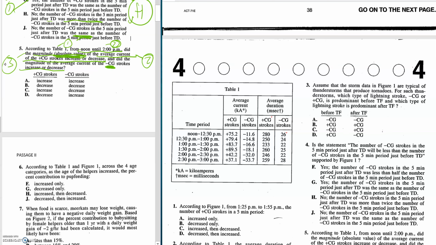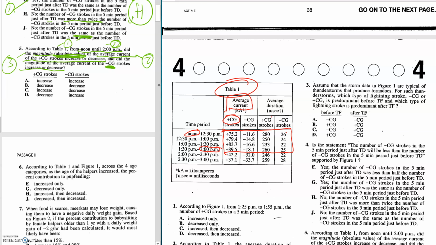All right. Step 1, we find table 1. Find it right there. Step 2, noon until 2. This is noon. This is 2. So we're dealing with the block of time right in here. And then it's asking us for what? Is it the average duration, average current? It's asking for the average current, which is this block here, of the plus CG.